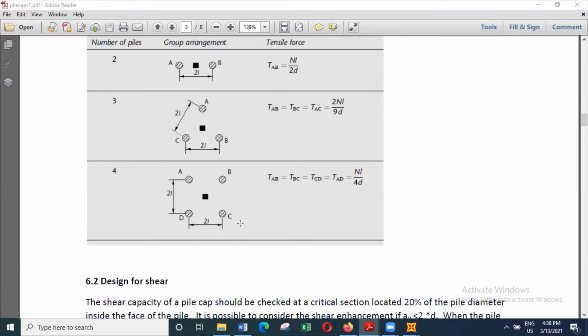Once you select the reinforcement in the pile cap using the value of T that you calculate from these equations, you then have to check it for shear.